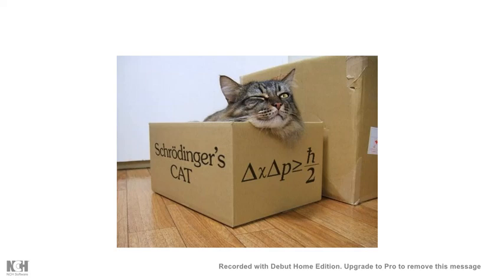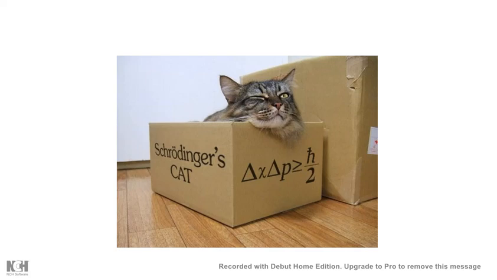The whole system is in a superposition of states. After 10 minutes, there's a 50-50 chance that nitrogen-13 has decayed. If it decays, it breaks a vial and poisons the cat. The cat dies. If it doesn't decay, the cat's alive.